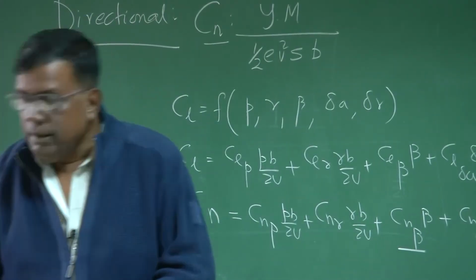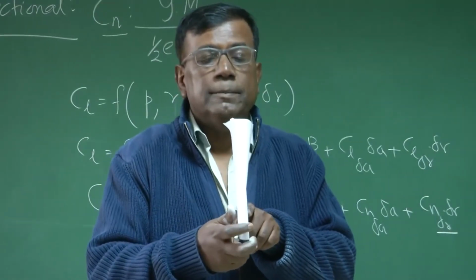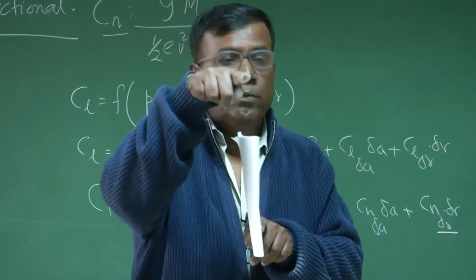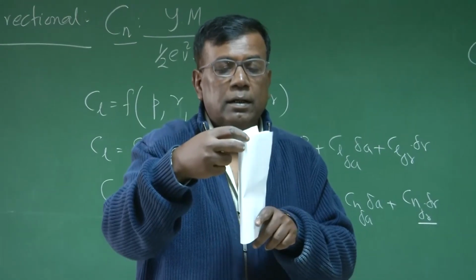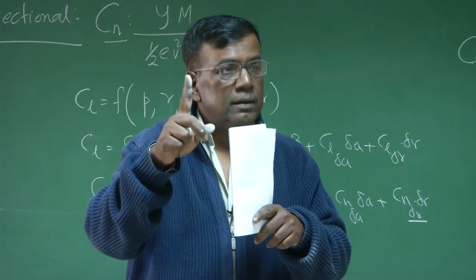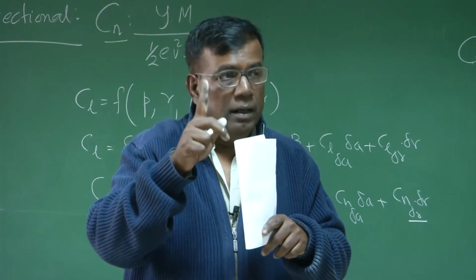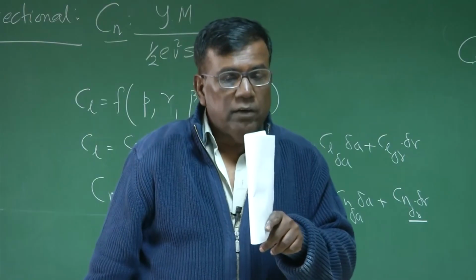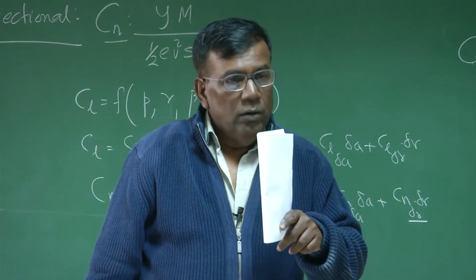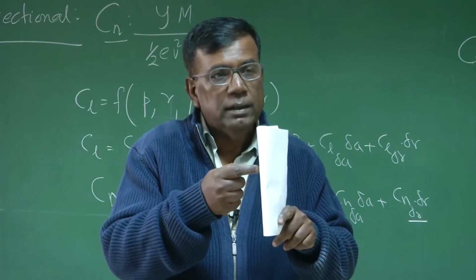So now let us again come back here. Suppose we define, as per the convention, looking from the top, I am moving forward. If the rudder goes like this towards the left, it is a positive rudder deflection. Clear? Towards the left, looking from the top, is a positive rudder deflection. So if there is a positive rudder deflection, the side force on the tail will act in which direction?